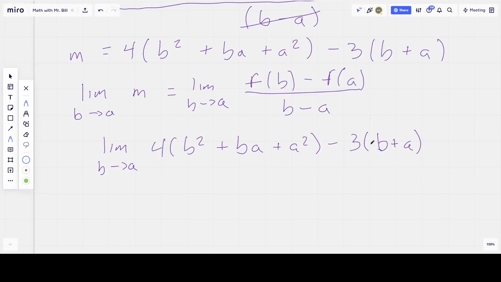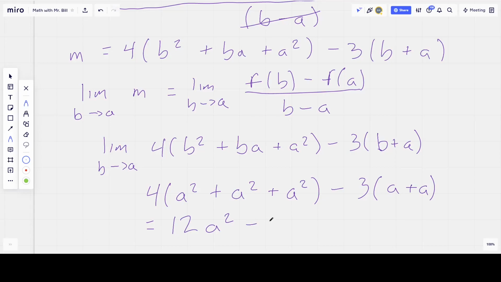Won't let us divide by 0 or any other illegal move. So combining like terms and getting everything combined, we get 12a squared minus 6a.